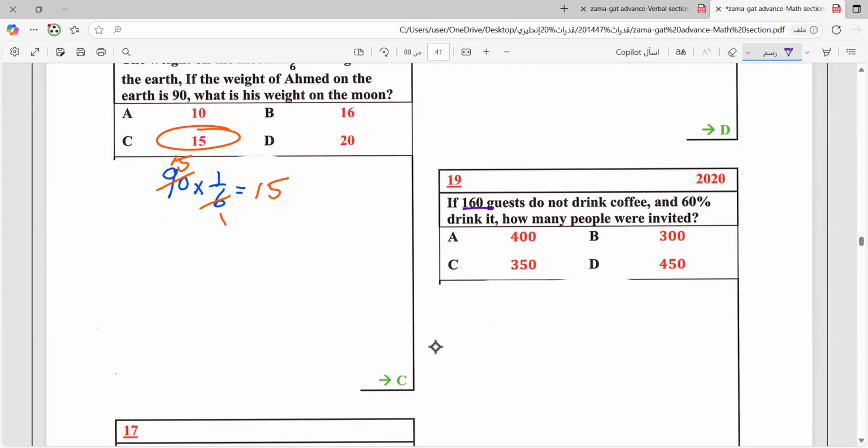Here 160 guests do not drink and 60% drink. Those who do not drink, what is the percentage? What is the rest, the remainder? 40%. So we find that 40 over 100 of x equals 160.